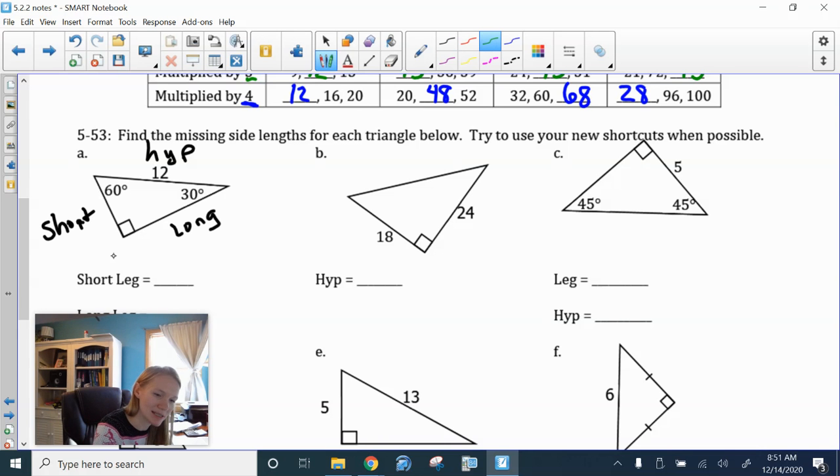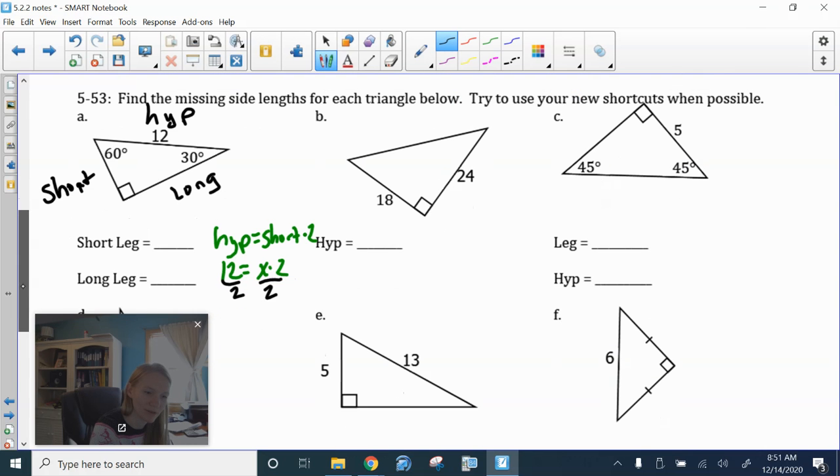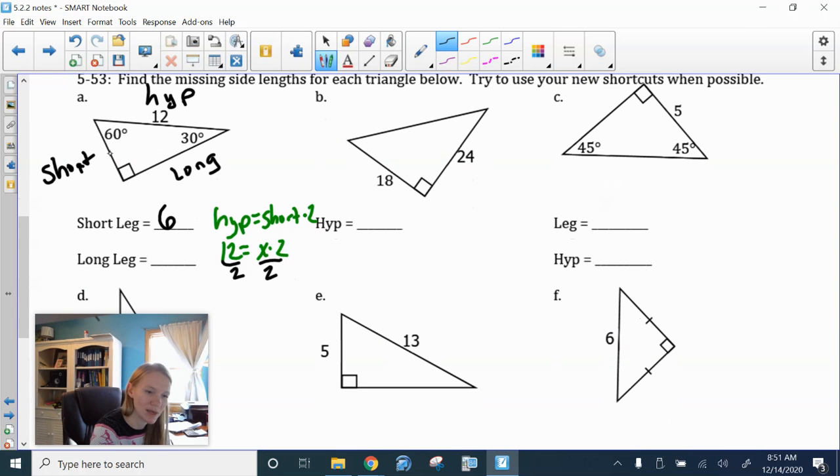I know that the hypotenuse equals the short leg times 2. So we know that the hypotenuse right now is 12, and I'm trying to figure out the short leg, so I can just undo the 2. Makes the short leg a 6.